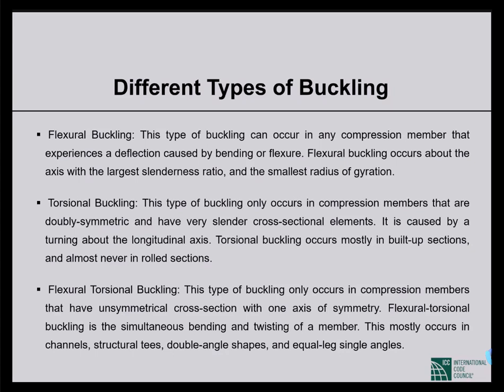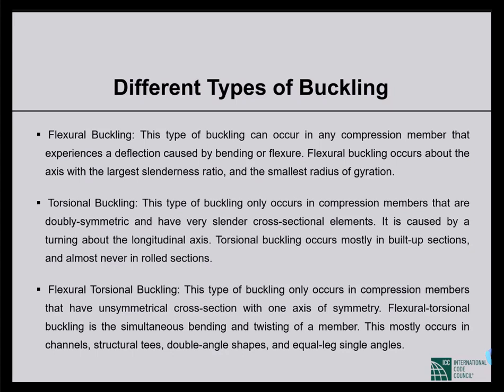Let's read a little bit. Flexural buckling. This type of buckling can occur in any compression member that experiences a deflection, right? You don't have to apply moment for these. For compression, when it buckles, it introduces flexural moment and flexural stresses.